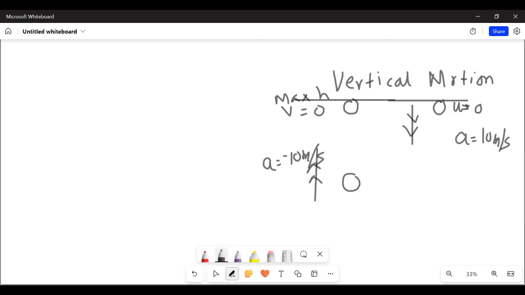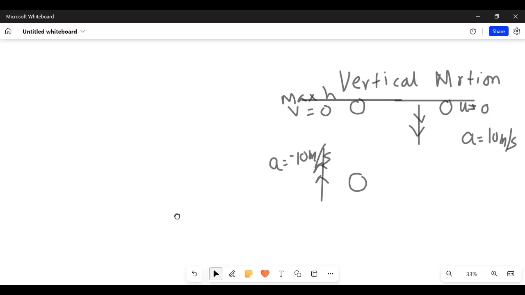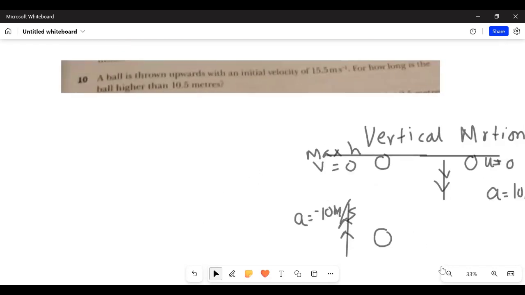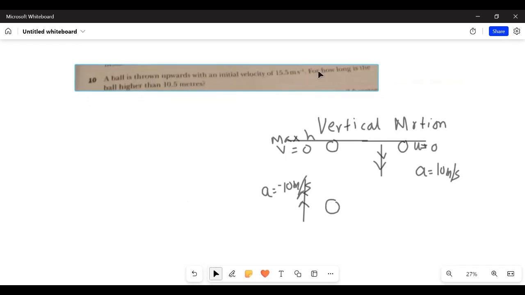Okay. So let's start the second question, which is: a ball is thrown upward with an initial velocity of 15.5. For how long is the ball higher than 10.5?